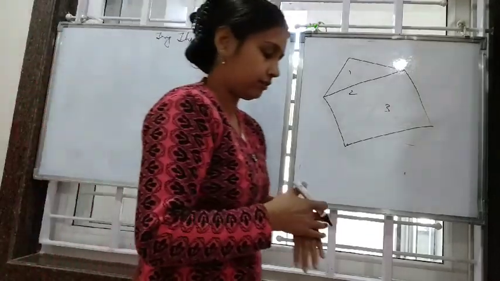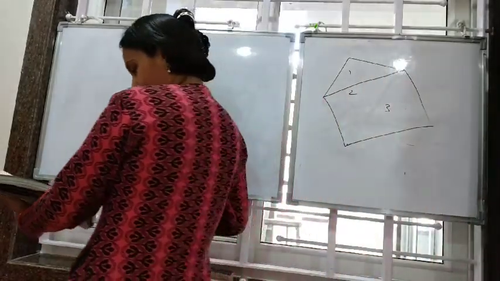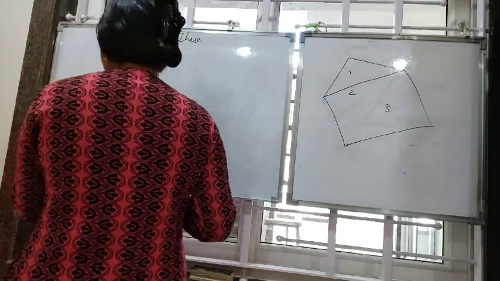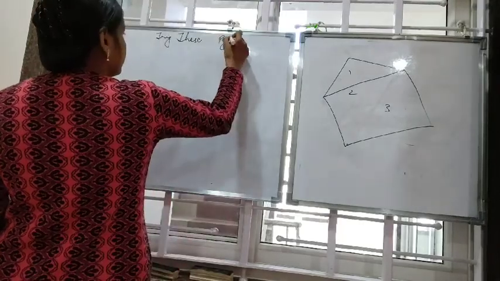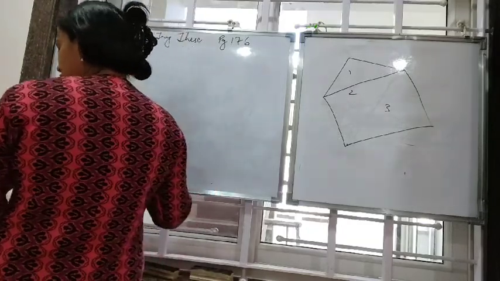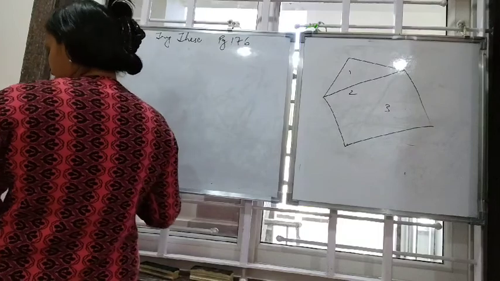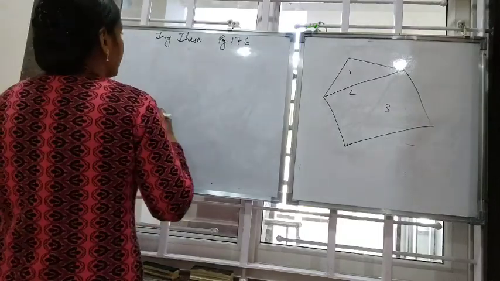Try these. Page 176. Divide the following polygons into parts, triangles and trapezium, that is quadrilateral, and find out its area.